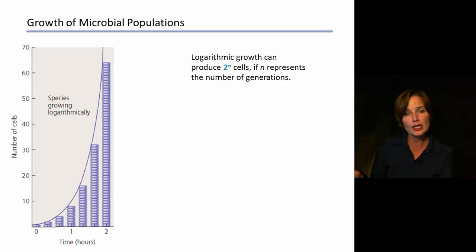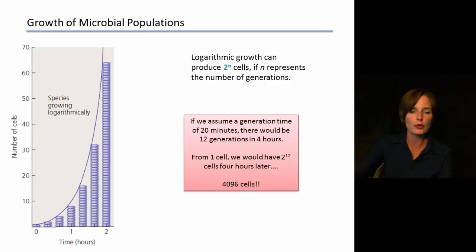With logarithmic growth, we can basically get 2 raised to the n power of cells, and n is going to represent the number of generations that we're dealing with. To give you an idea of what we could end up with, assume a generation time of 20 minutes, which is typical for some bacterial cells, and we start with one cell and give it 4 hours.